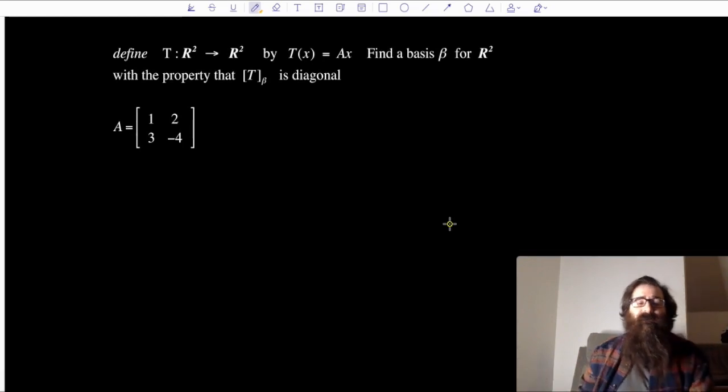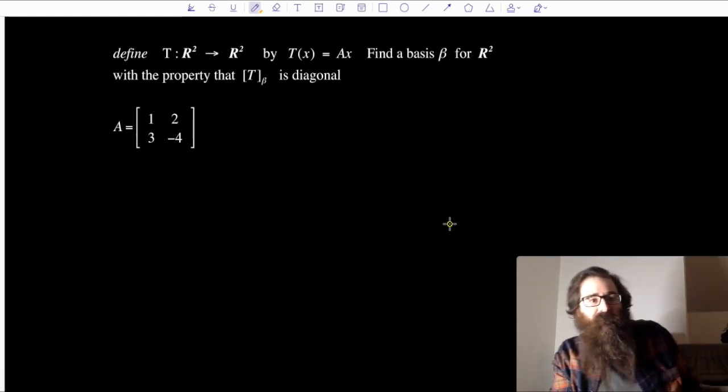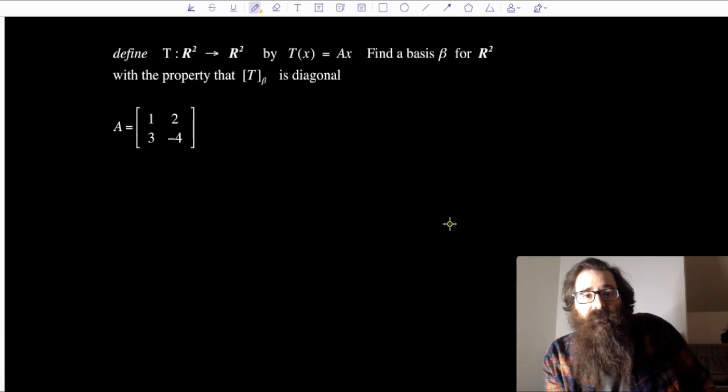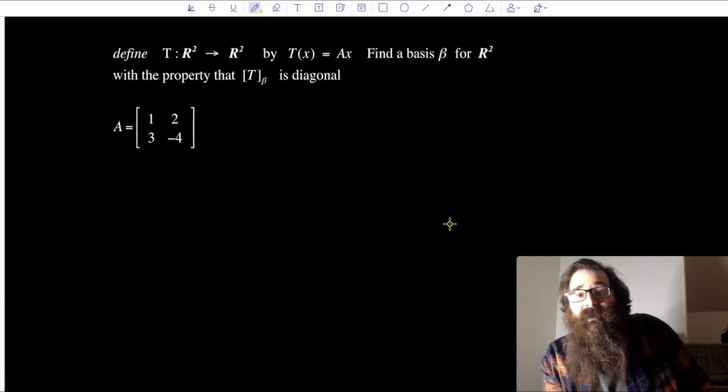So here, this will be our last question: define the linear transformation T mapping from vector space R2 to vector space R2 by T of X equals A times X. Find a basis beta for R2 with the property that the transformation T sub beta is diagonal.